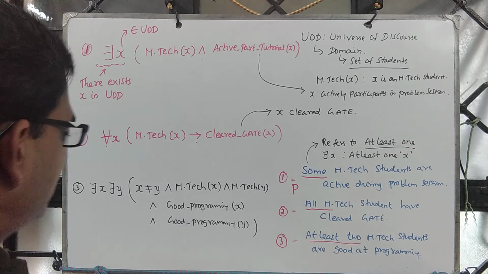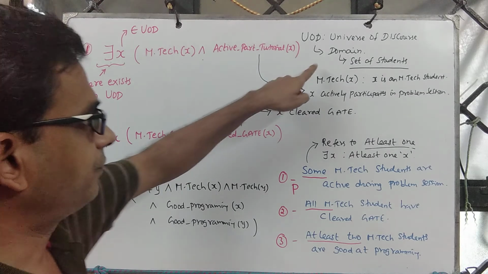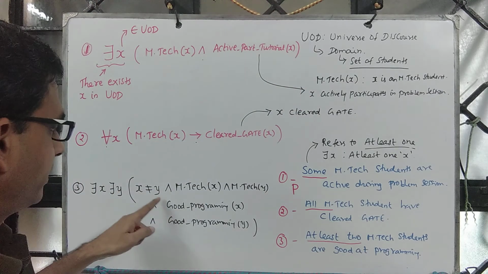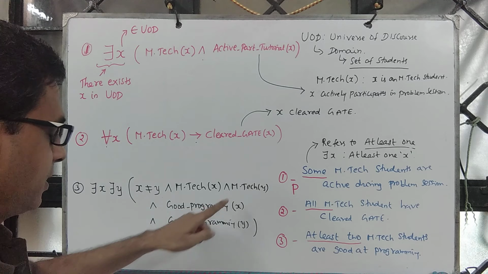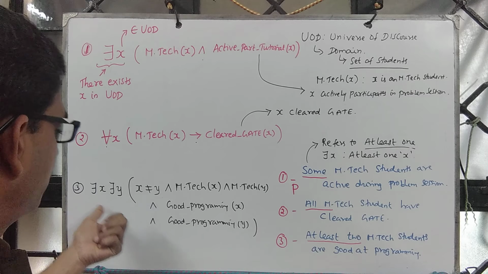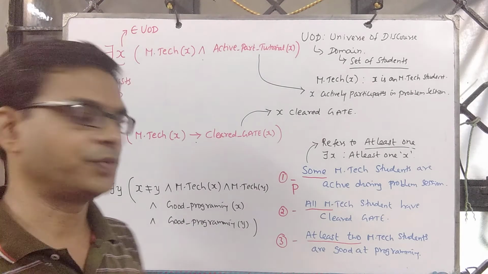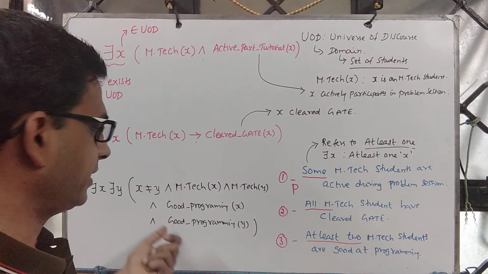So what this says is there are 2 elements in the universe of discourse and they both are MTech students and they are good at programming. It's only at least 2. So there may be more, because there exists tells you at least 1 and this tells you at least 2.